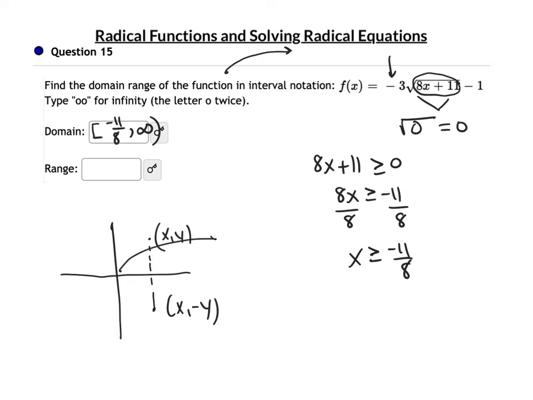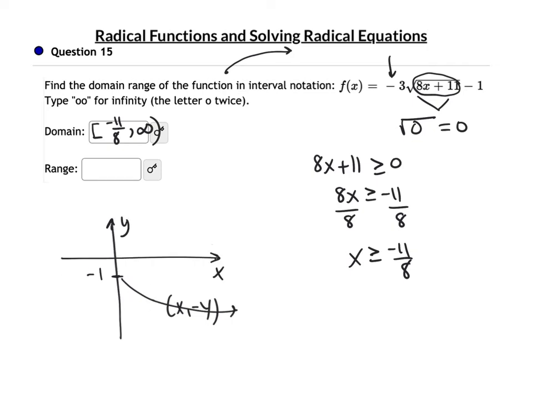So this graph does this, and it's no longer that. But we do have that minus 1, which moves it down 1 too. All my y's then will be less than or equal to negative 1. So they'll start at negative 1, and they'll go to negative infinity because they'll go down.